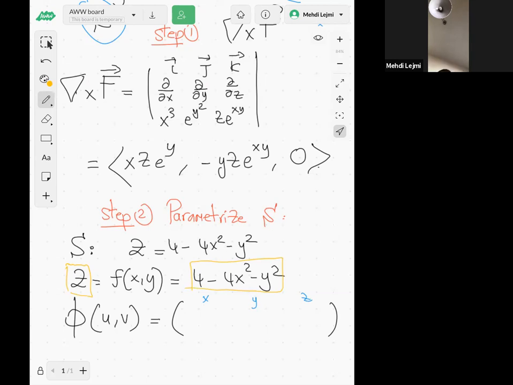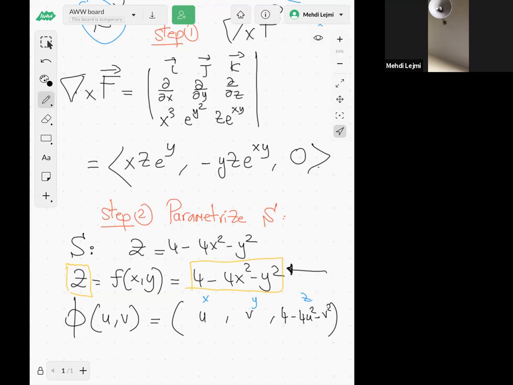There are no conditions on x and y, so x and y are independent variables. So my x is some independent variable u, my y is also an independent variable v, but then z must satisfy this equation. So z is 4 minus 4x squared, but x is u, so that's 4u squared, minus y squared, but y is v, so that's minus v squared.